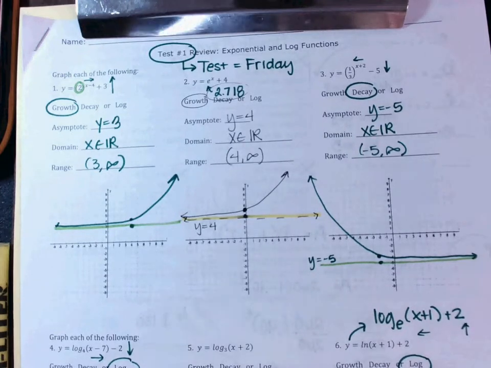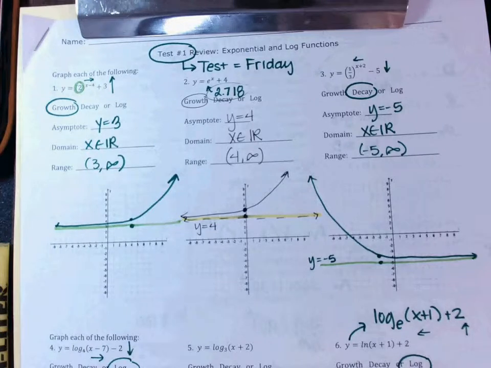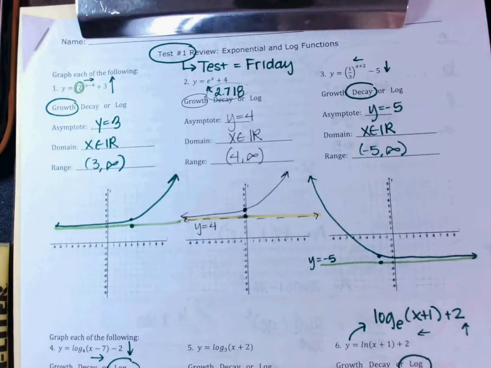When you have a half, that's a square root. So if it's a half, that's a square root, and if it's a third in the front, that's going to be a cubic root. Now this one, you need to get them all in one log together.